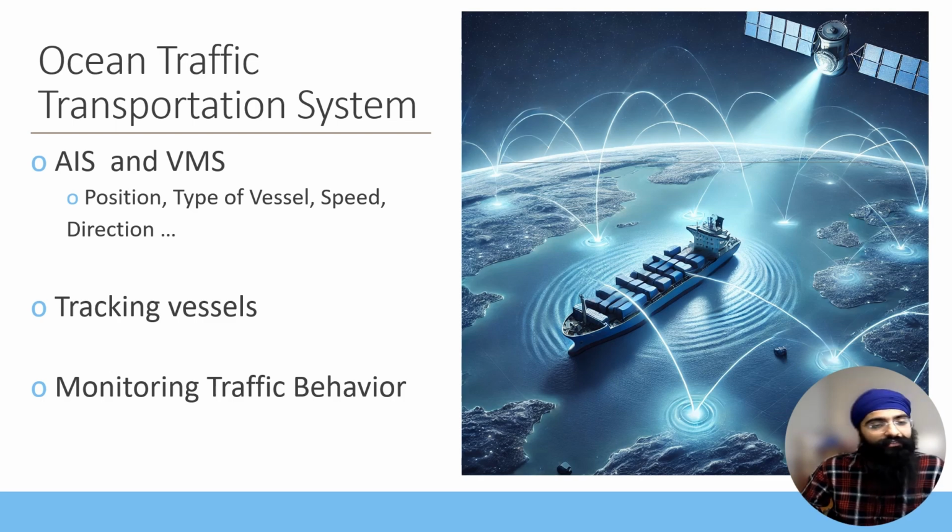That signal is encrypted, and as you can see on the right-hand side, there's an image of a vessel broadcasting a signal which is caught either by the satellites or by the local stations. Stations have their antenna as well as the satellite.